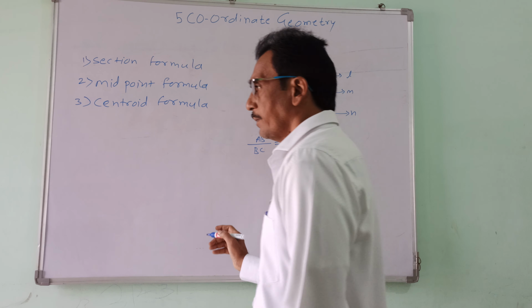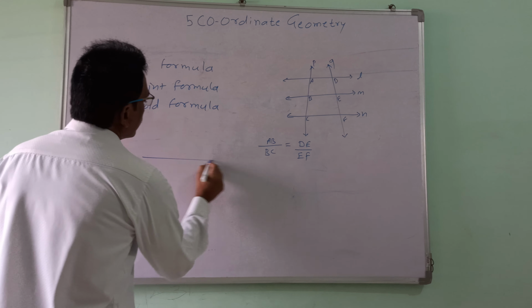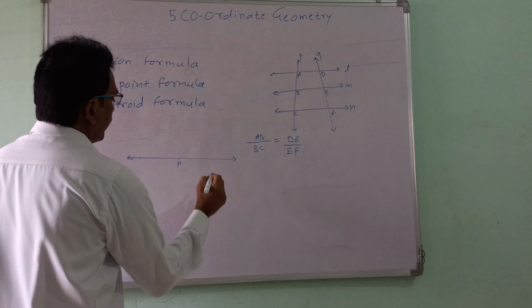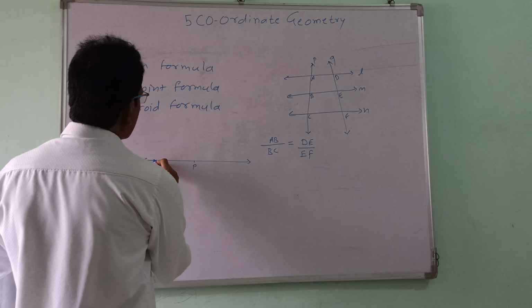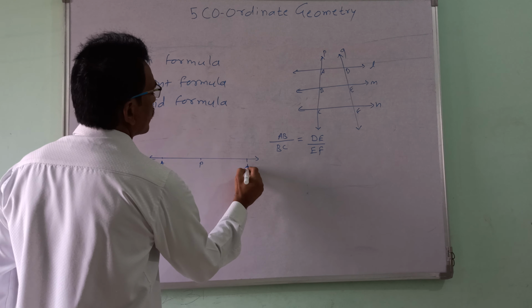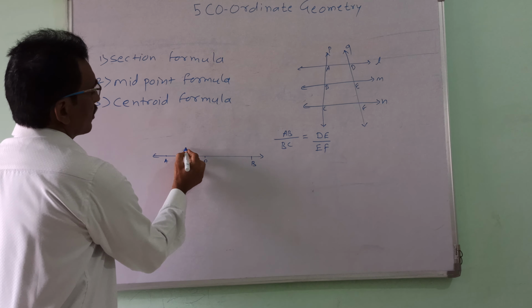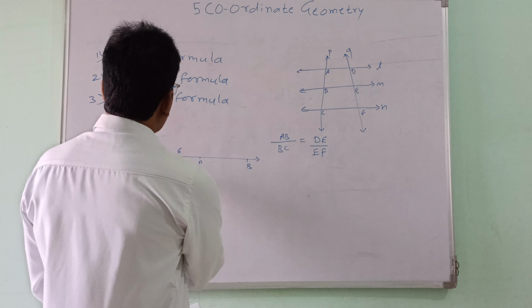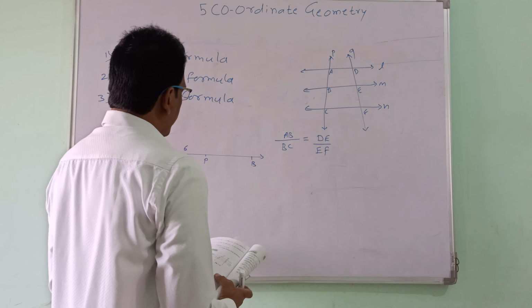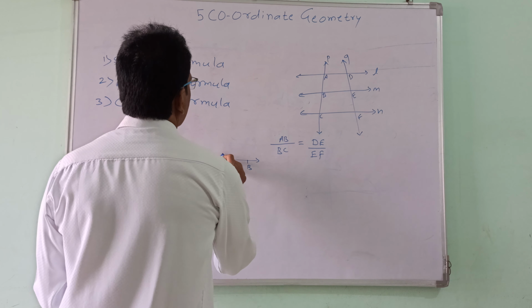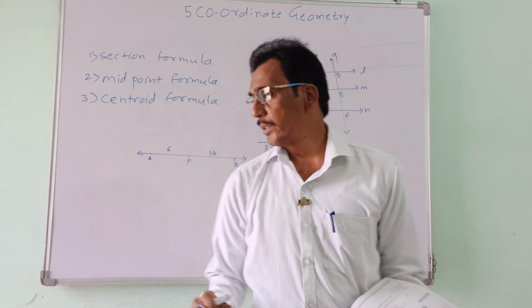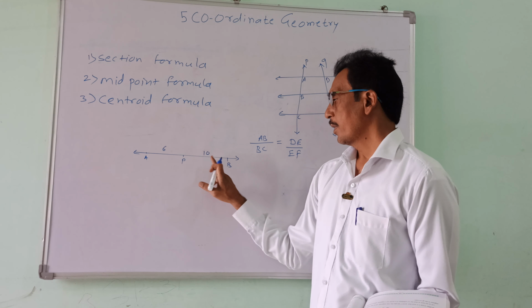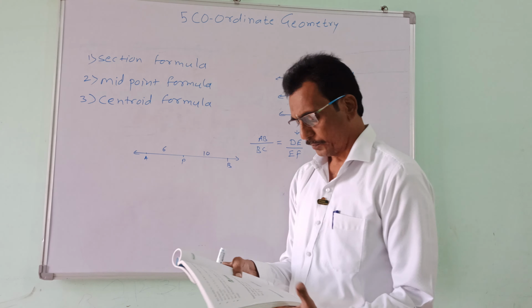Now we know this is point P, this is point A and this is point B. Distance between A and P is 6 and distance between P and B is 10.